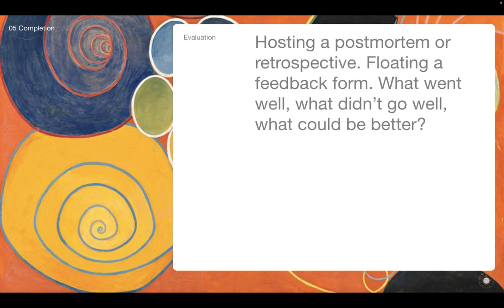So it's divided into two sections. I like to have this as a way of also marking a completion, which is the evaluation part, when you're hosting either a post-mortem or a retrospective conversation around the project. And this is really just evaluating what went well, what didn't go well, what could be better, what could have been done better.